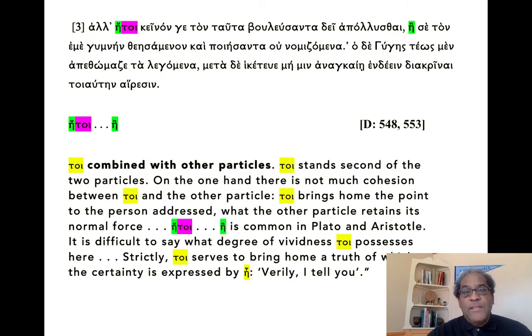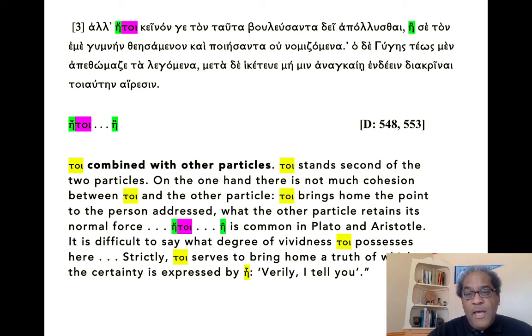Okay, so the first significant particle is this ē toi in her reply: ē toi kenon ge. And so Denniston tells us at pages 548 and 553 that toi is often combined with other particles. Toi stands second of the two particles, that is, it's following the ē here, ē toi, ē.